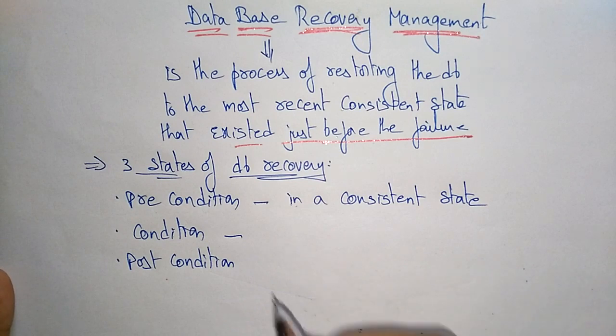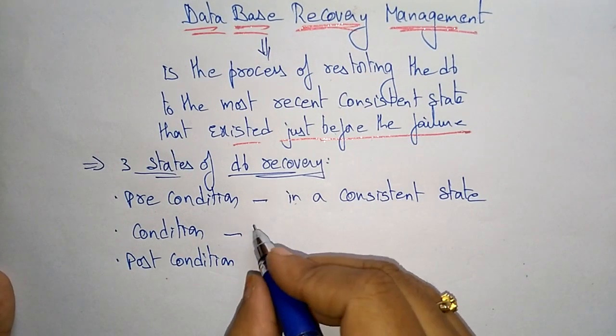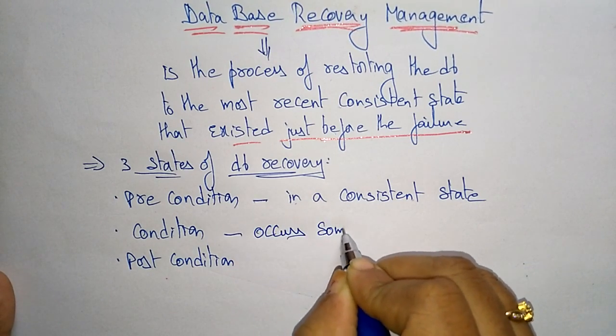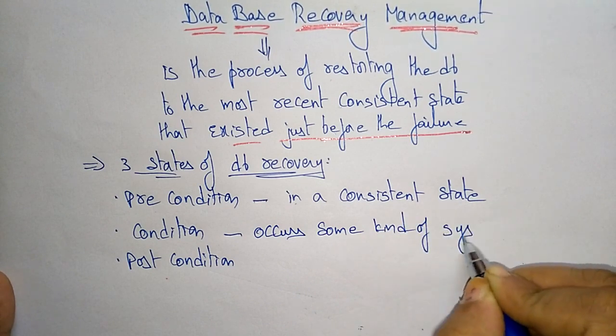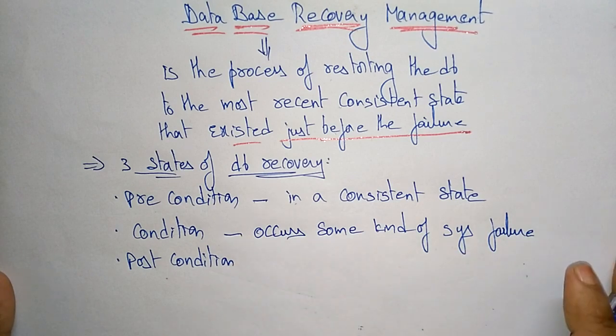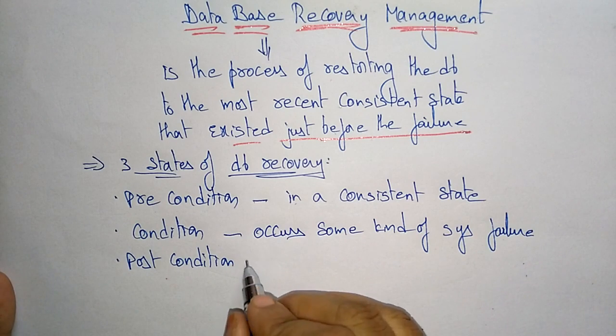Condition means at a particular time, while you are doing the work, some kind of system failure occurs, and the database recovery will occur.